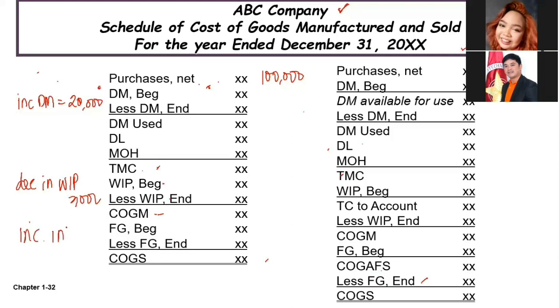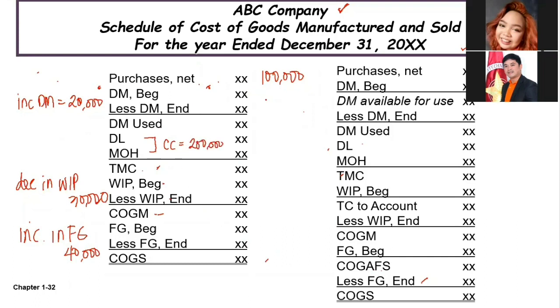Increase in finished goods, 40,000. Ngayon, how are we going to solve for the cost of goods sold? So, syempre, lagyan natin si DL na yung conversion cost na 200,000. Yan. So, how are we going to solve?